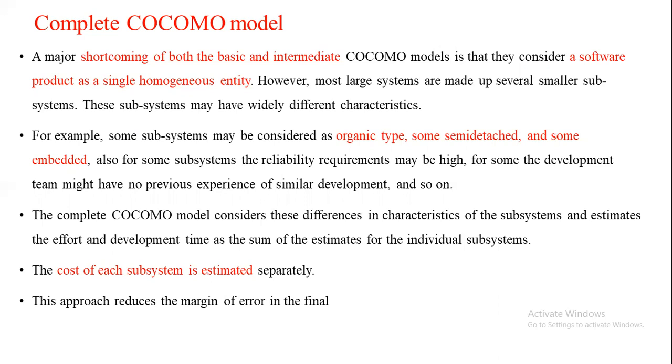Whereas in intermediate, we use other factors like the experience level, development environment, etc., which may also affect the software estimation. And in the complete COCOMO stage, we split the complex project into simple subsystems and make the estimation for the subsystems so that we get a more accurate estimation.